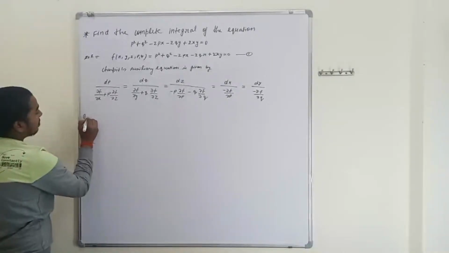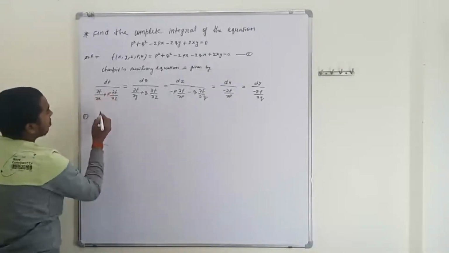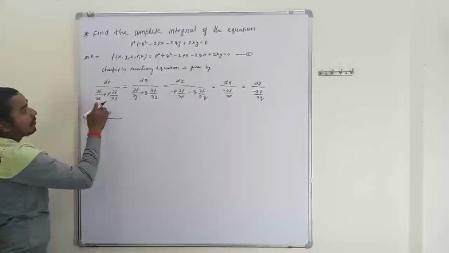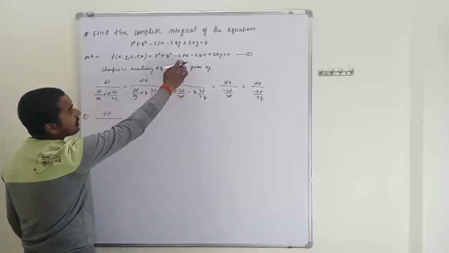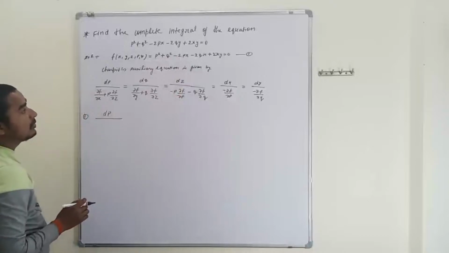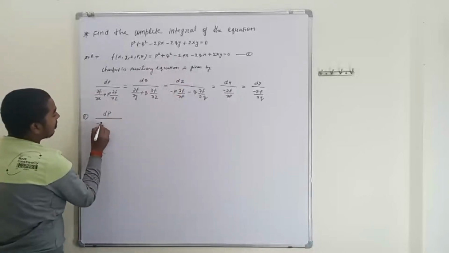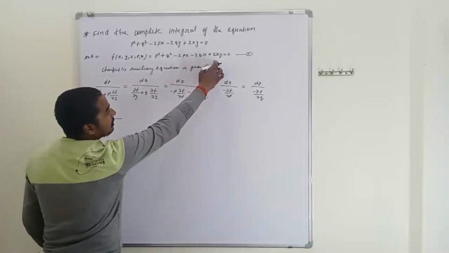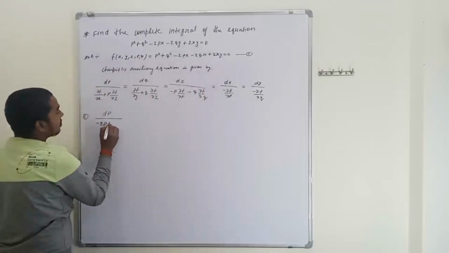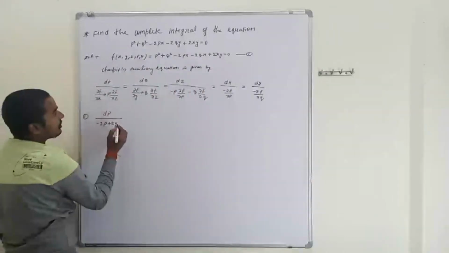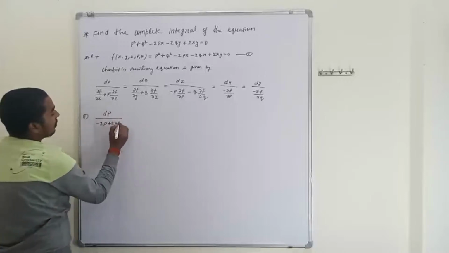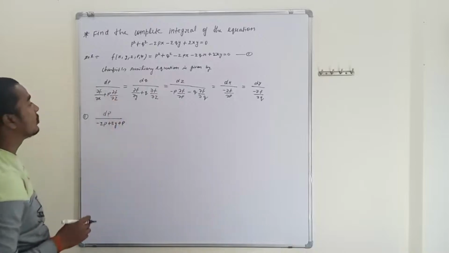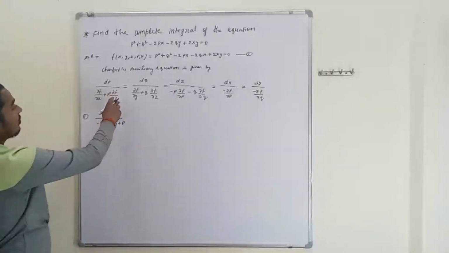First we find del f upon del x: minus 2px differentiating partially with respect to x gives minus 2p, and 2xy differentiating partially with respect to x gives plus 2y, and plus p times del f upon del z.